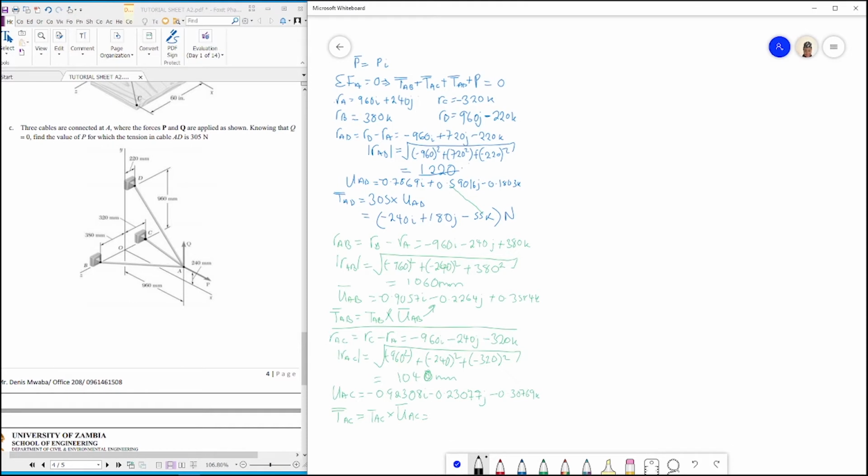I have my TAD. I can actually get my TAB easily, and I can get my TAC easily.